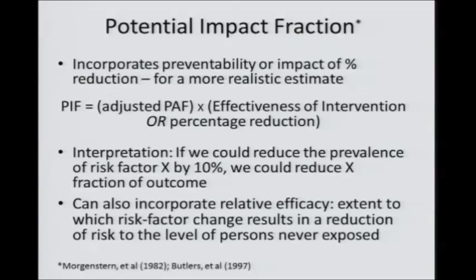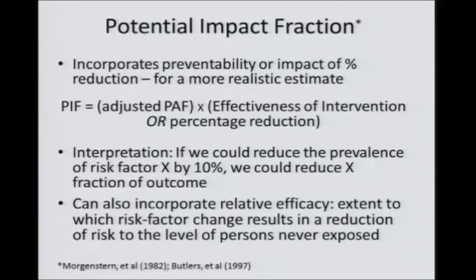Say, I think we can achieve a 10% reduction in adverse sleep position, and you can multiply that by your adjusted PAF. So the interpretation then would be if we could reduce the prevalence of the risk factor by 10%, we could achieve this percent reduction in the outcome.